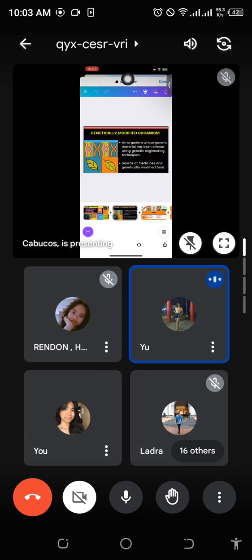So, this alteration laboratory specific desired trait, desired biological process. Also, gigamit sa as source of medicines, modified foods, widely used in scientific research and sa pag-produce of other foods.